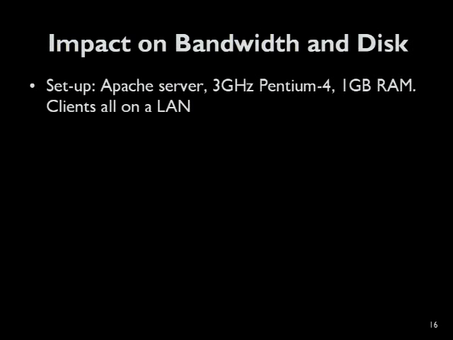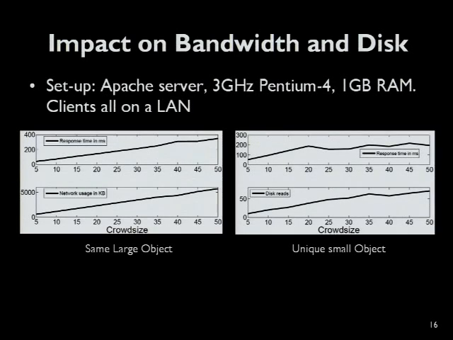But we wanted to also question our basic assumptions of different request types impacting specific resources, and how accurately we are able to isolate the different resources. So again, we set up a toy server with a bunch of objects on it. And this was on a local LAN because we now understand the synchronization effects very well. In the first experiment, we had a bunch of clients run this mini flash-crowd experiment, all requesting the same large object.